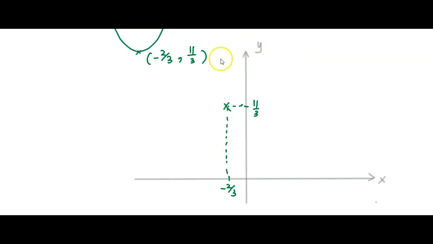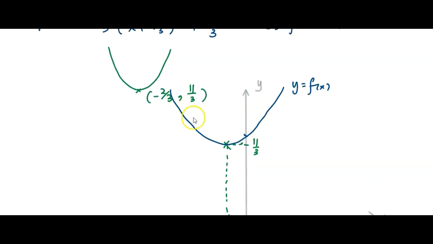After that, you just sketch a graph with a parabolic shape, opening upwards. All right, and this is the graph of y equals f(x). You can see that now the graph passes through the y-axis, that is called the y-intercept.